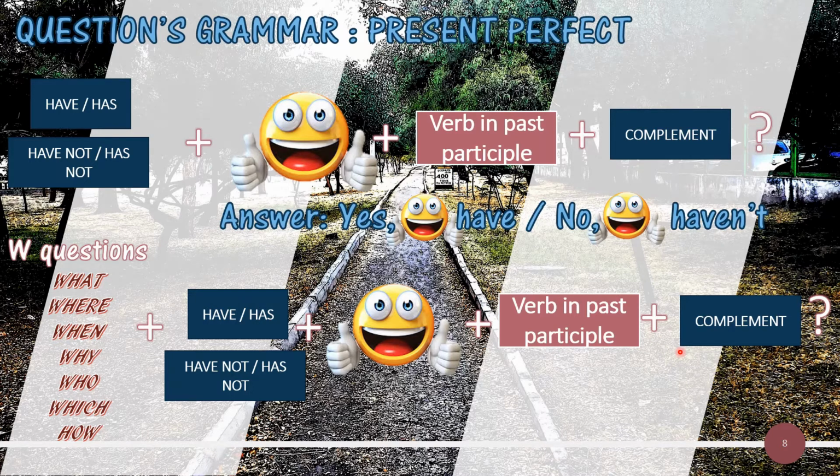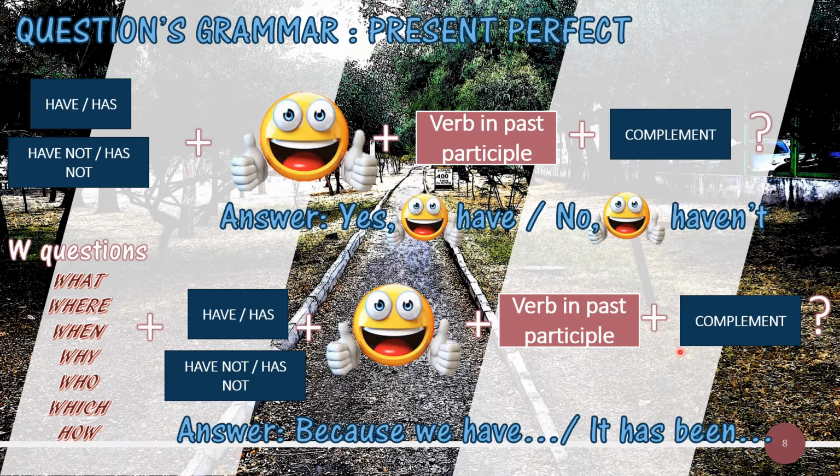Let's see some examples. And by the way, depending on what kind of double question you use in this case, you can answer, if it's why, you answer because we have, blah blah blah, or it has been. We are gonna see some examples.